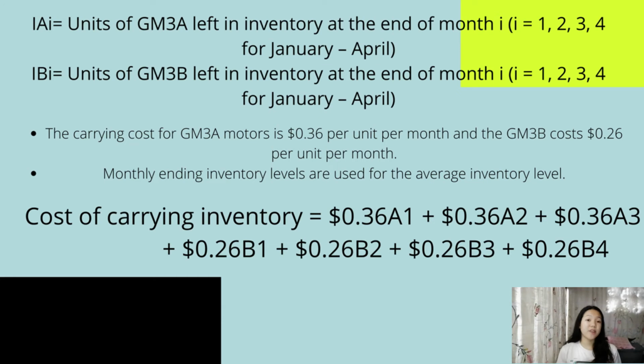We also have different inventory costs per model: the GM3A, the first model, costs $0.36 per unit per month, while the second model, the GM3B, costs $0.26 per unit per month. And the monthly ending inventory levels are used for the average inventory level. So here is its function for the inventory, shown in this slide.